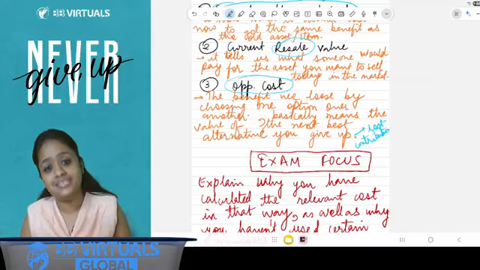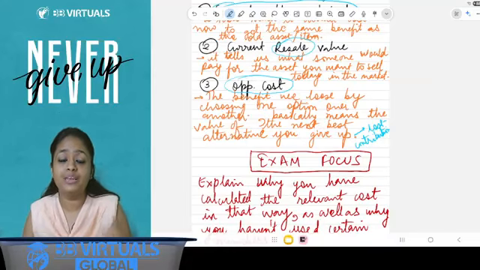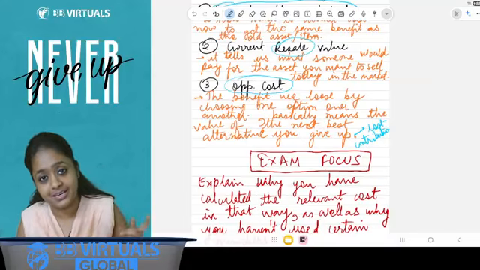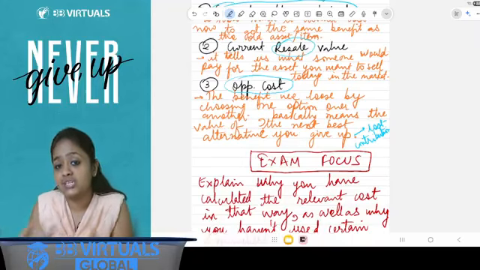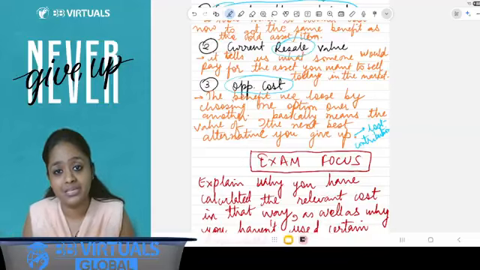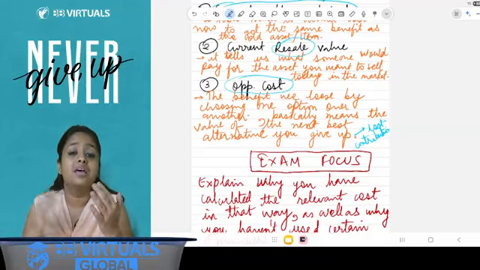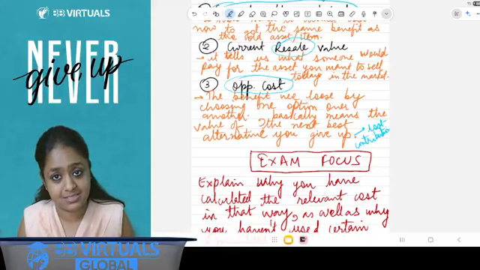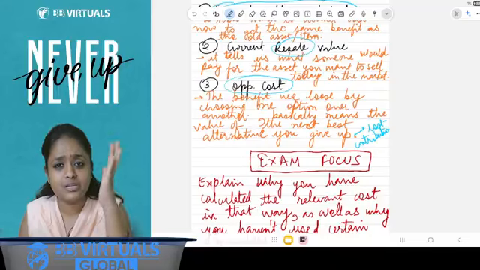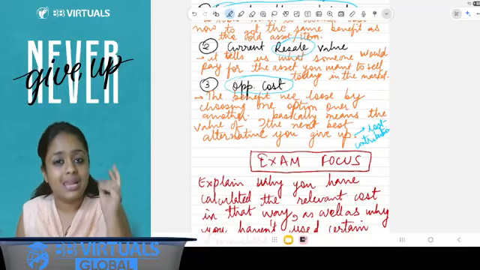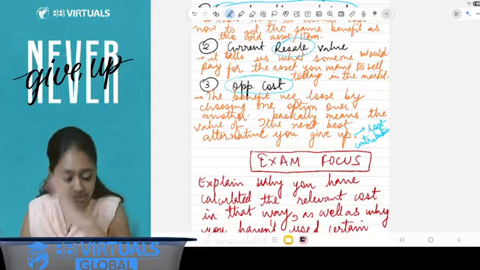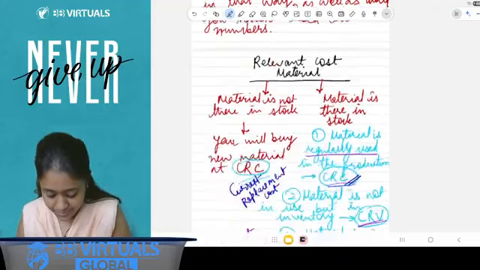That is my current resale value. That is basically the value at which you can currently resell your product, which you are losing because you're not reselling it and you're using it in some other process. I hope it is absolutely crystal clear to all of you. Let's go to the third one, opportunity cost, already discussed.